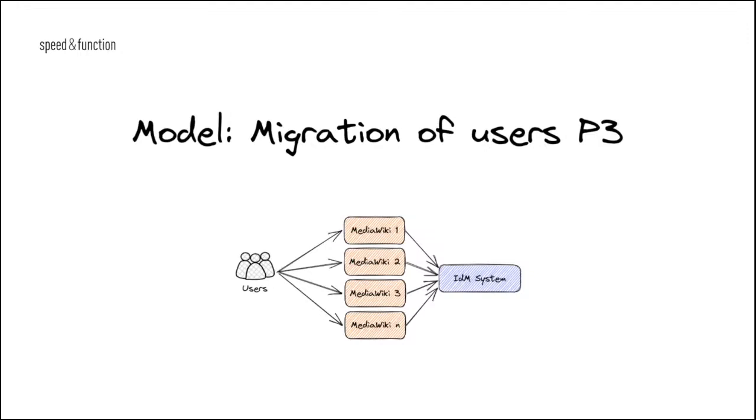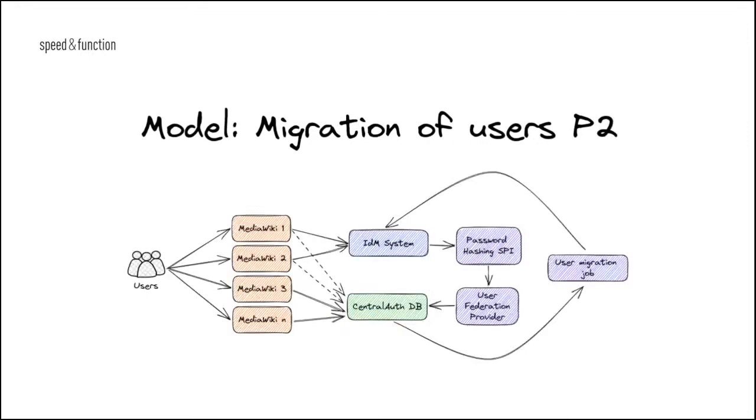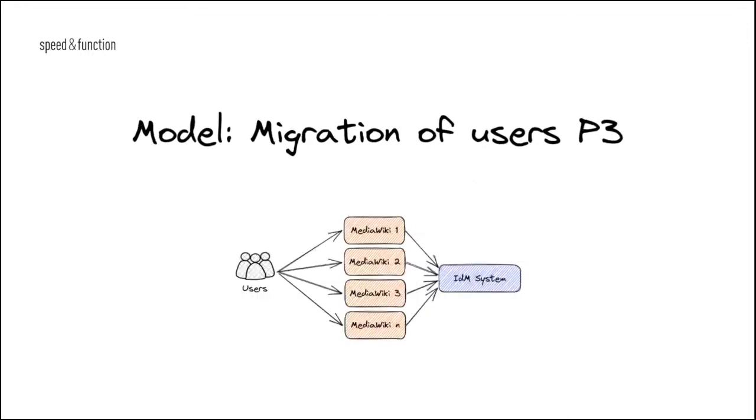And another cool thing we discovered along the way is, if you remember on the previous diagram, and I'm going to show it really briefly, we have this password hashing SPI. We needed to support different hashing algorithms that currently exist in MediaWiki itself to allow users to use their existing credentials. What we figured out is that during the migration, you can actually move the users from database to database by just changing the format and saving it.